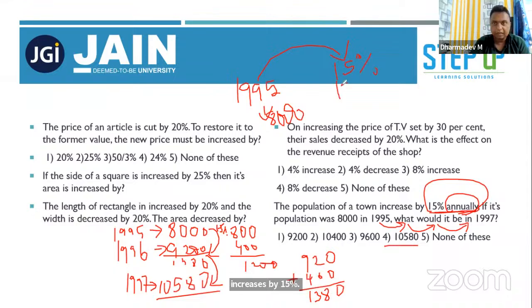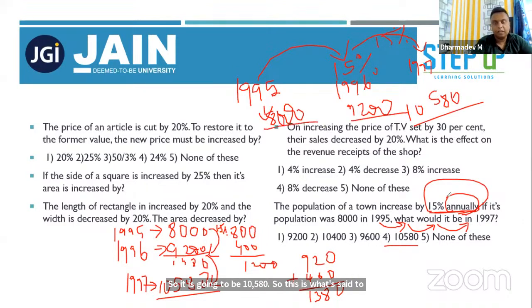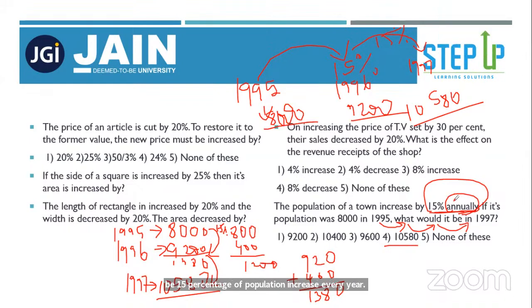So in 1996, it has increased to 9,200. Again, from this, in 1997, the population has increased by another 15%, so it is going to be 10,580. So this is what is said to be a 15% population increase every year. That means annually. Are you clear with that?